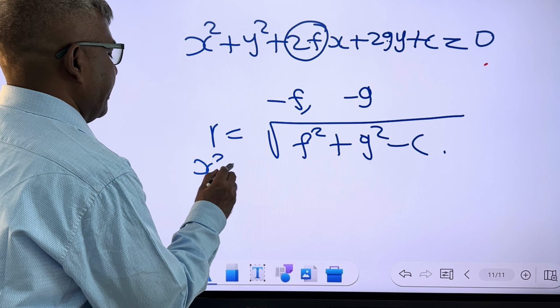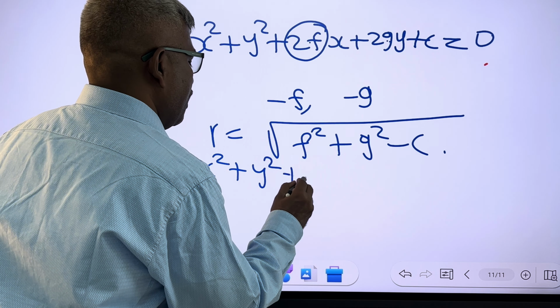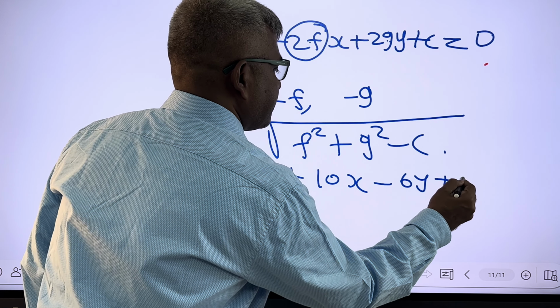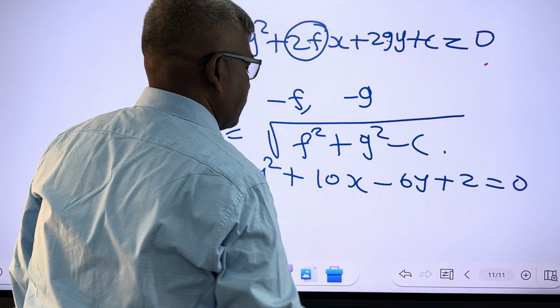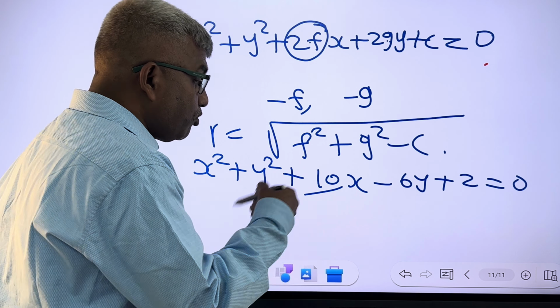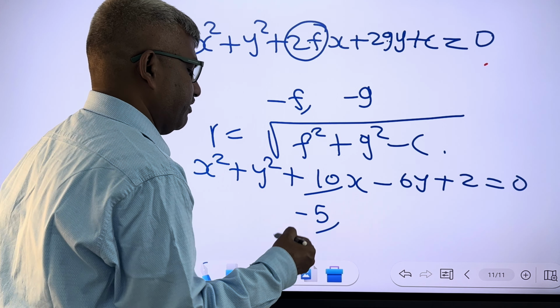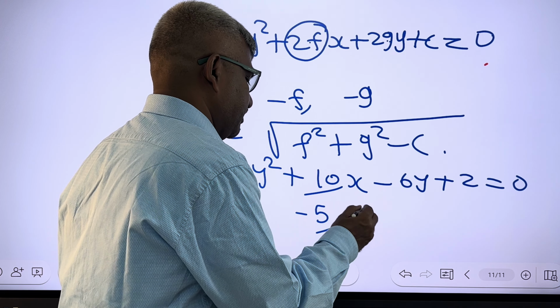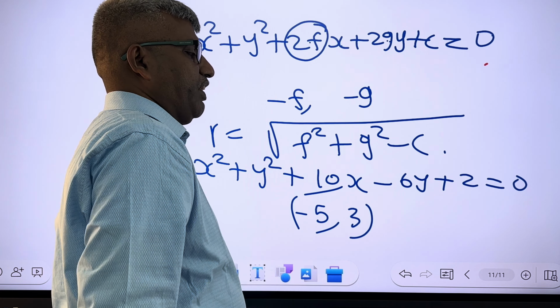Okay, now I will give you one sum. Suppose x squared plus y squared plus 10x minus 6y plus 2 is equal to 0. What is the center? 10 divided by 2 is 5, opposite sign, minus 5. Minus 6 divided by 2 is minus 3, opposite sign, 3. So center is minus 5 comma 3.